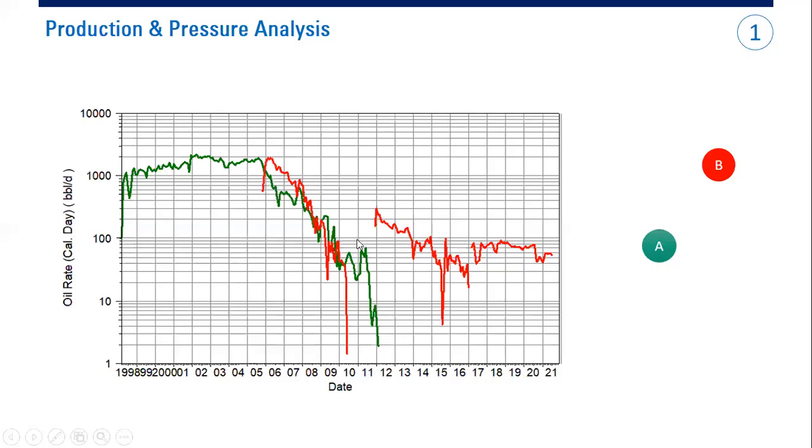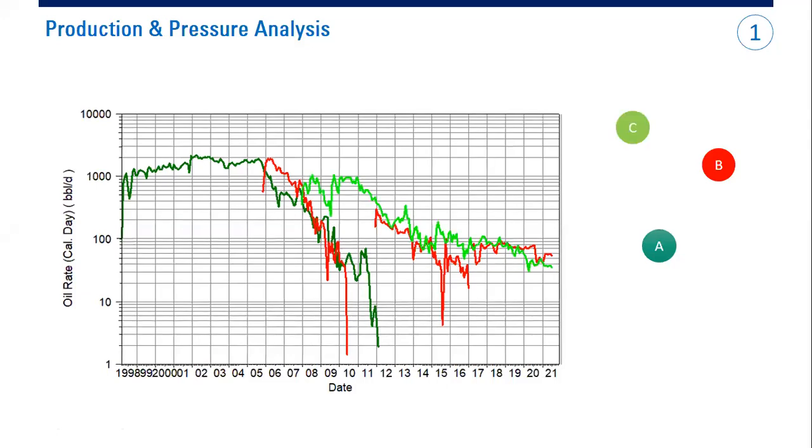So this is what happened. We shut in well A, and after shutting in well B also, we reproduce well B, and you can see well B can produce but with a lower decline rate. You can see the decline here is steeper, but the decline here is more gentle because there is no longer production interference with well A. And we need to look at the adjacent area, and we find well C. Well C also starts producing in this time interval.